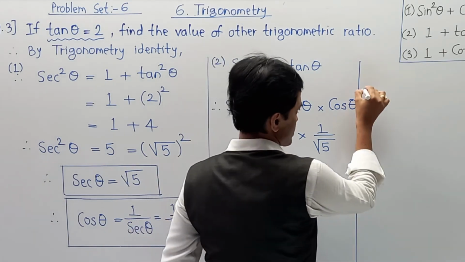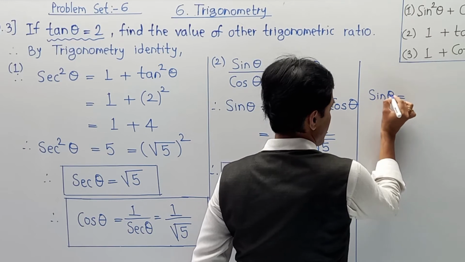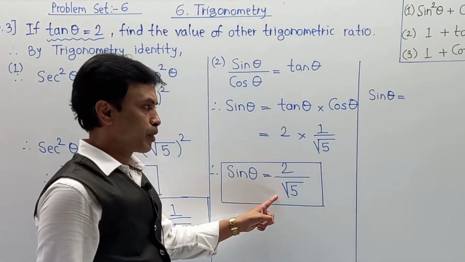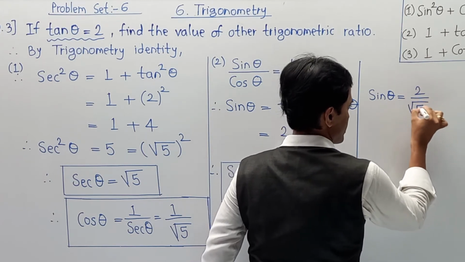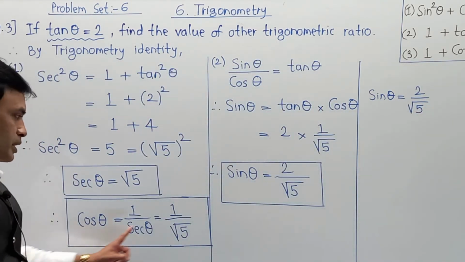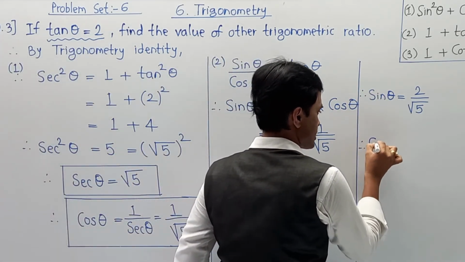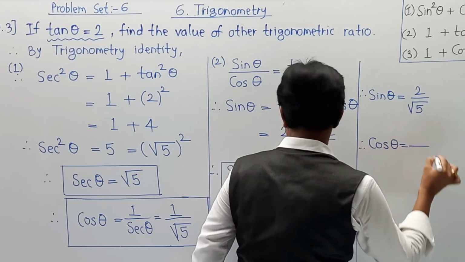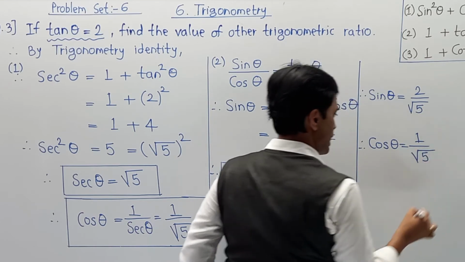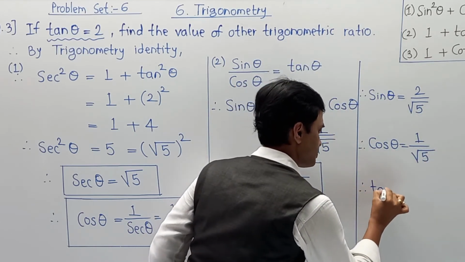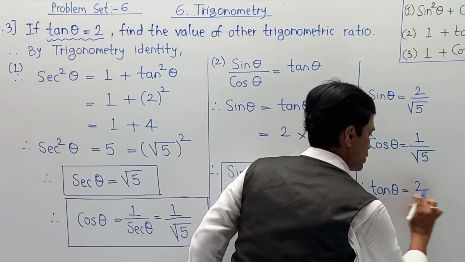First, sin theta, and the value of sin theta is 2 upon root 5. Next value, cos theta, is 1 upon root 5. And the last value, that is tan theta, is given by them as 2, or you can say 2 upon 1.